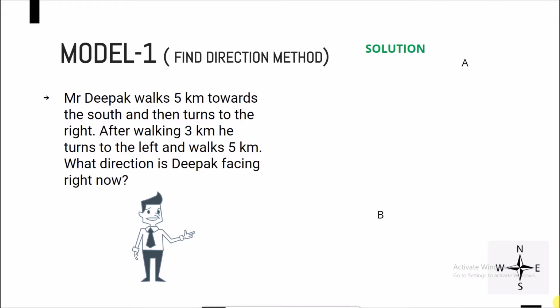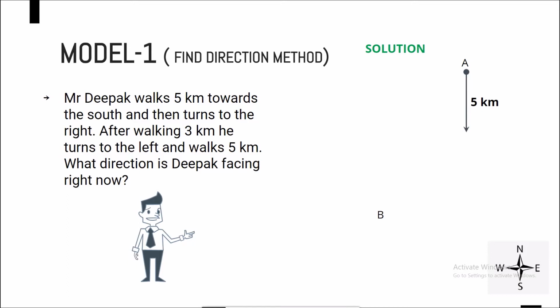Now coming to the solution. First, observe the image. I will give the solution step by step. Here, starting point A. Step 1. Clearly observe the question. Deepak walks 5 kilometers towards the south direction. Step 2.